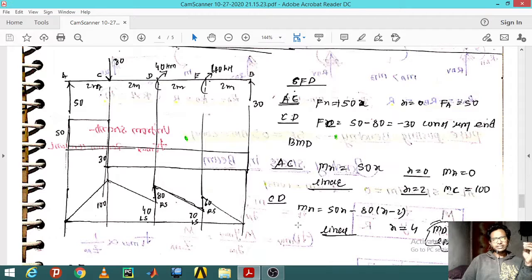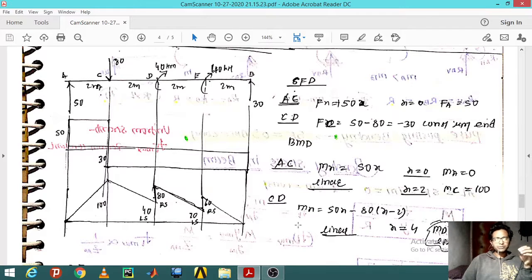As you see at A, the 50 kilonewton force is acting in the upward direction. We have taken the upward direction as positive and the downward direction as negative. So at point A we have 50 kilonewton in the upward direction.